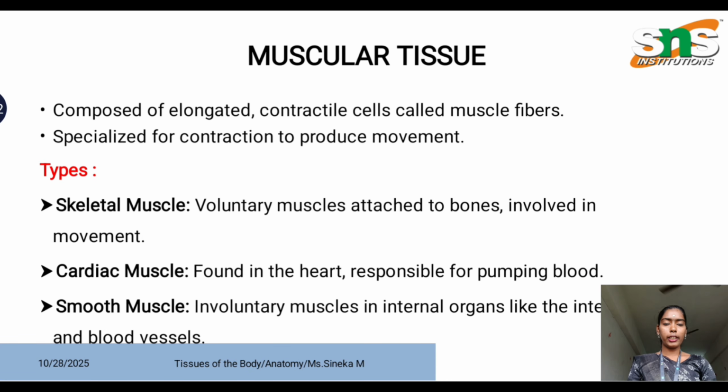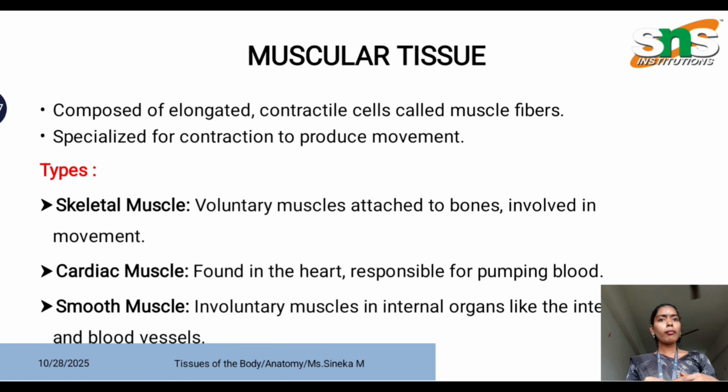Next one is muscular tissue. Muscular tissue is composed of elongated contractile cells called muscle fibers. It is made up of muscle fibers, so it is called muscular tissue. This muscular tissue is specialized for contraction to produce movements in our body. There are three major types. The first one is skeletal muscle, a voluntary muscle attached to bones, involved in body movements.